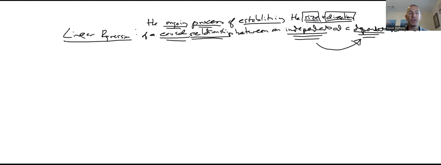In other words, what we want to find out is, if I go to college and I get a master's degree, if I enter into graduate school, how much can I expect my income to go up by?